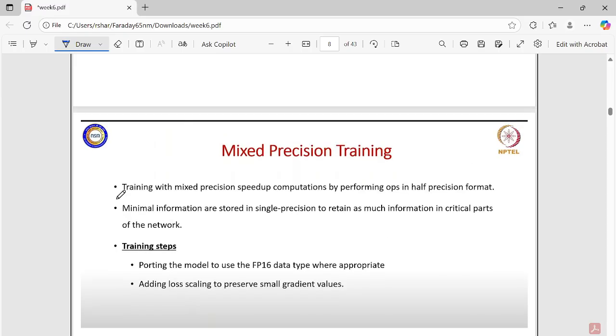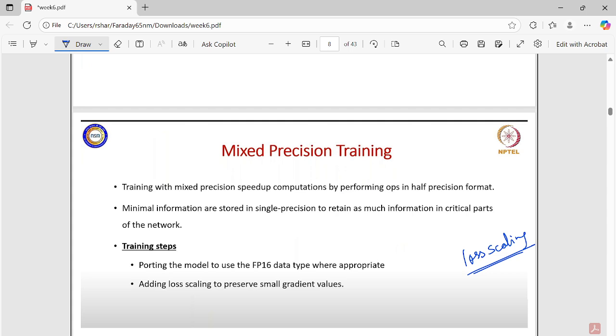So we have something called loss scaling. When we are using float 16, the numerical range is much smaller than float 32. So gradients become very small, close to zero, and FP16 might round them to zero, and this is called underflowing.